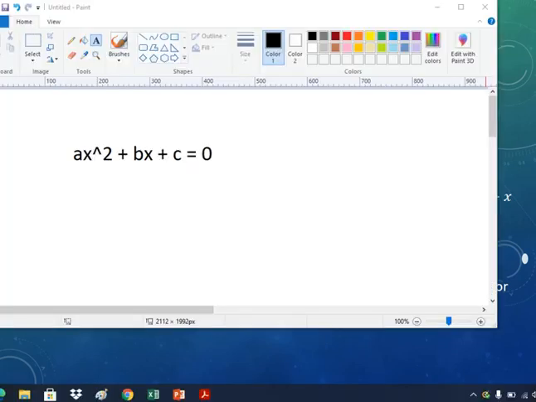So one example is the quadratic equation. So ax squared plus bx plus c is equal to 0. So how do you solve the quadratic equation for the value of x?